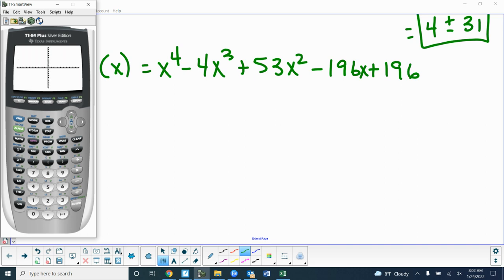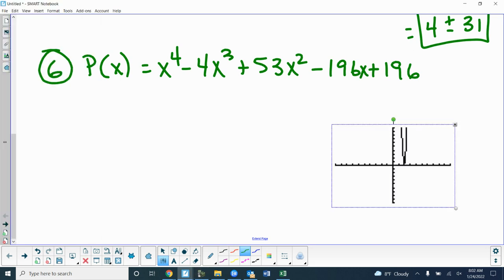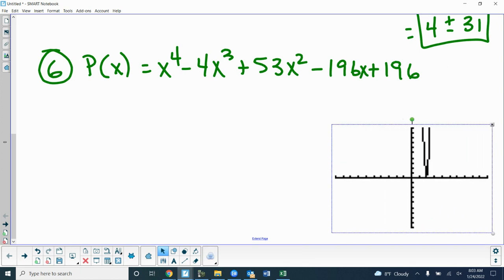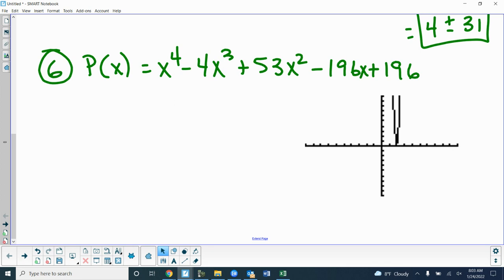Okay. And then I watch the graph. Looks like it bounced there. Looks like a 2. Is that right? You guys that did it? Okay. Does it work all 4 times? No. Only works 2 times?